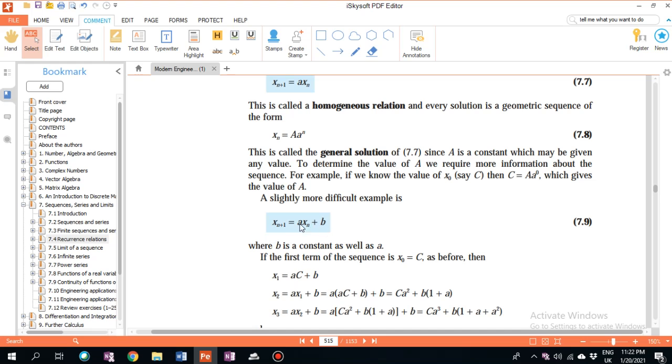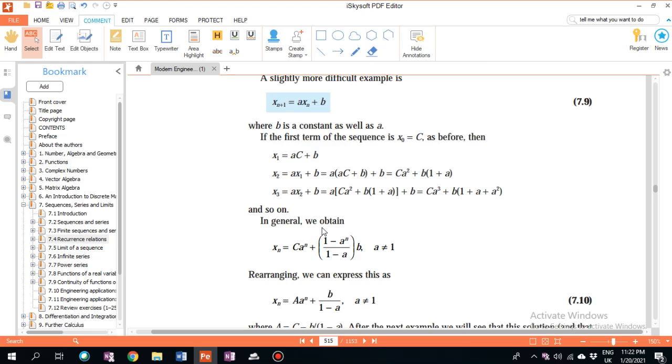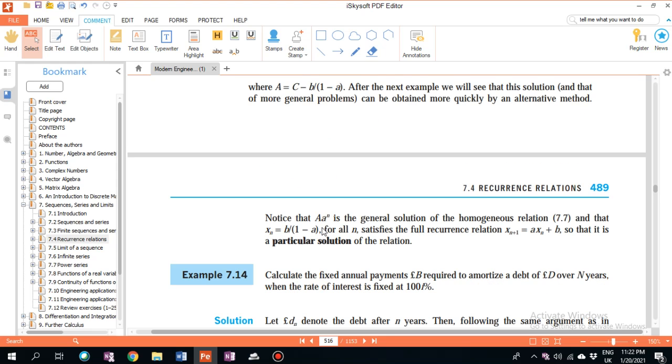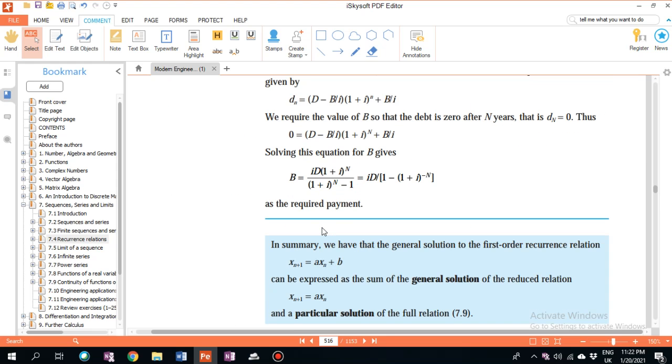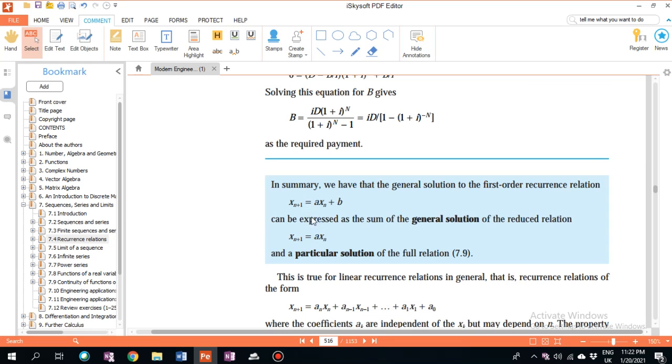Or in another general form, x_{n+1} is equal to a x_n + b. So the recurrence only affects the first n. We can see that as a summary.